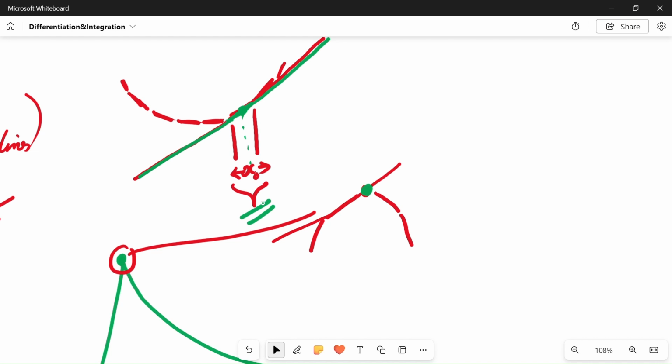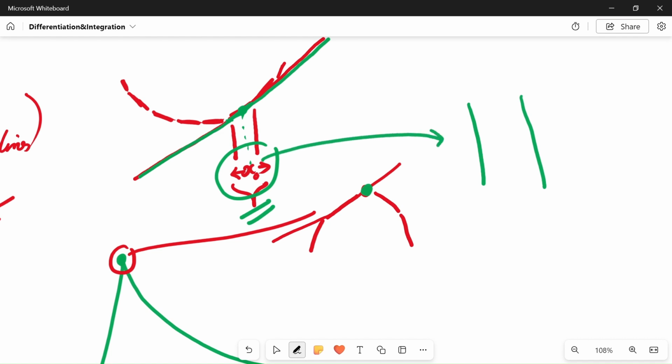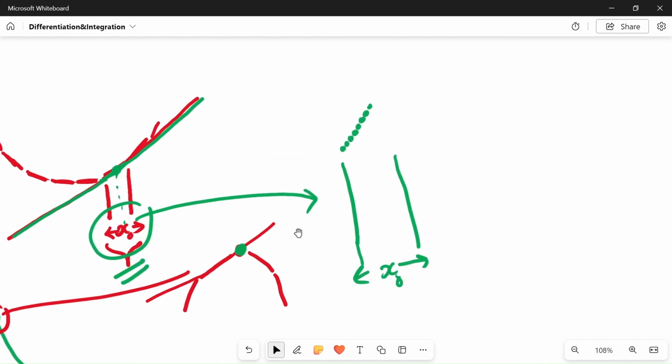given a point. But if you have a neighborhood, a continuum of points, for example, if I have this very zoomed in neighborhood, the x0 neighborhood, and if I have some points in continuum in this particular neighborhood, then I can make a line, right?